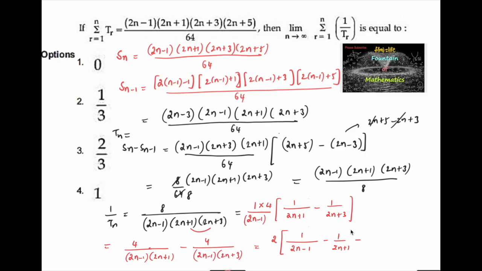And again here, the difference between 2n minus 1 and 2n plus 3 is 4. So you can just write 1 upon 2n minus 1 minus 1 upon 2n plus 3.